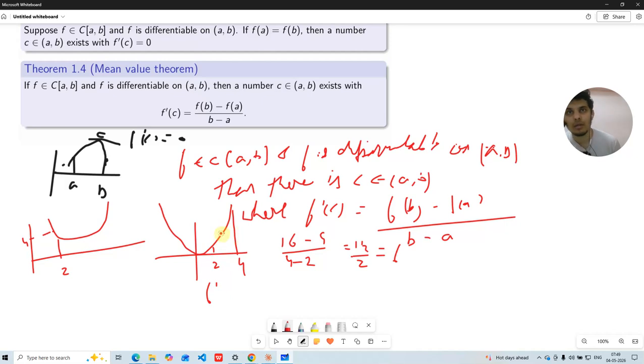So there is a point in between where f'(c), the slope, is going to be 6. This is the mean value theorem.